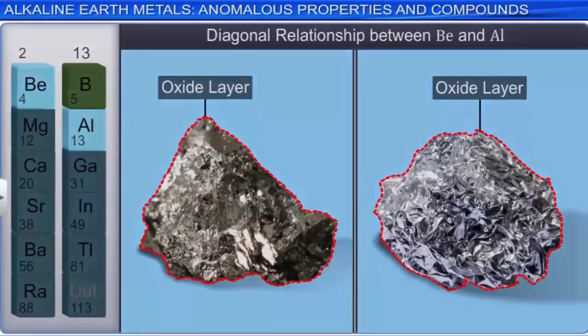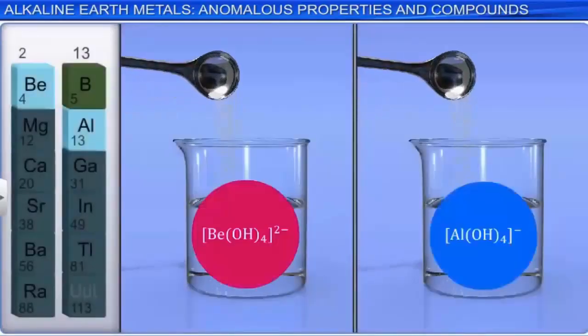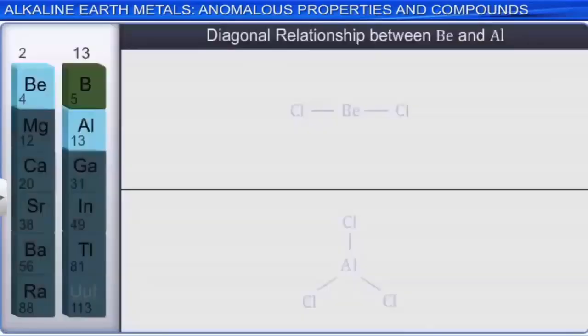In the vapor phase, both beryllium chloride and aluminium chloride form chloride-bridged structures. Both the chlorides are soluble in organic solvents, reflecting their essentially covalent character.